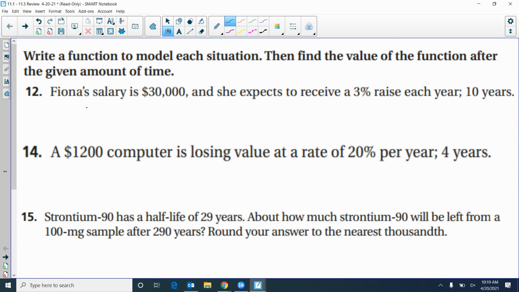Give me that equation, and then figure out after 10 years. Figure out how much a computer's worth after 4 years, and then we have to talk about half-life.